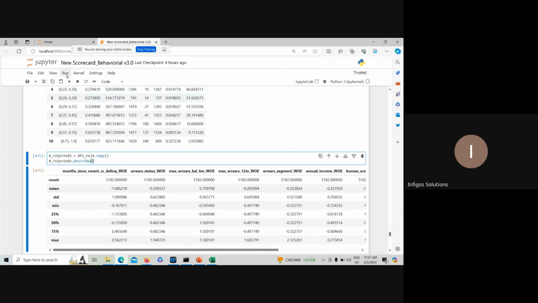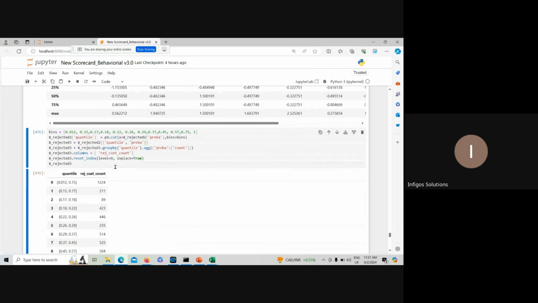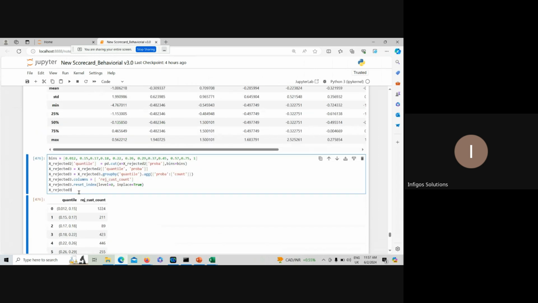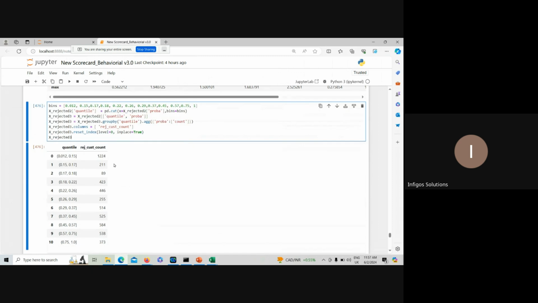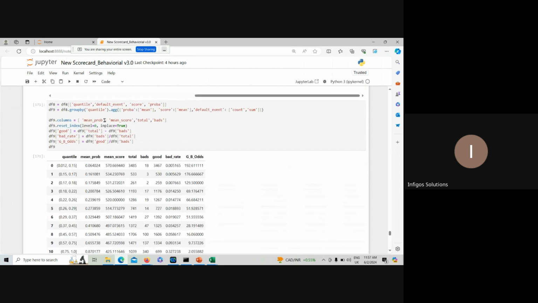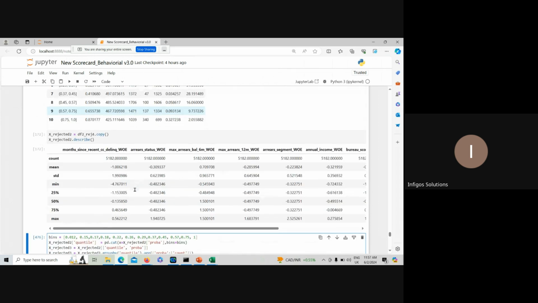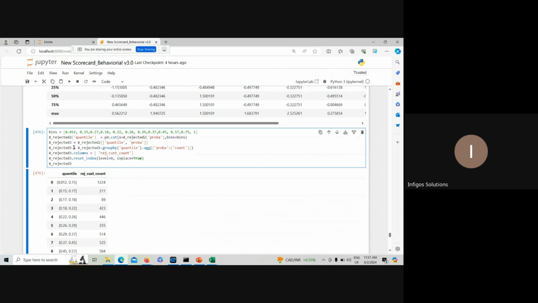Again, we will do some backup here, and then we will divide this using the same bins which we created here. We will divide into those bins.